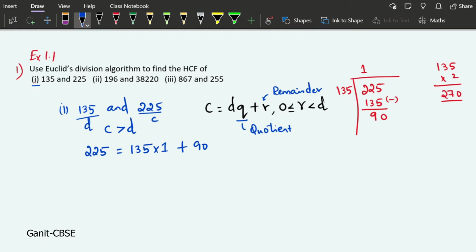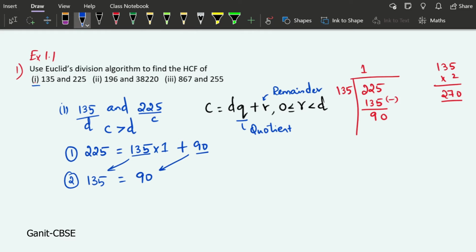And we have to continue applying Euclid's division lemma until we get the remainder as 0. So again we are going to apply Euclid's division lemma for 135 and 90. We have to take the divisor and the remainder, and make the divisor the dividend and the remainder the divisor.